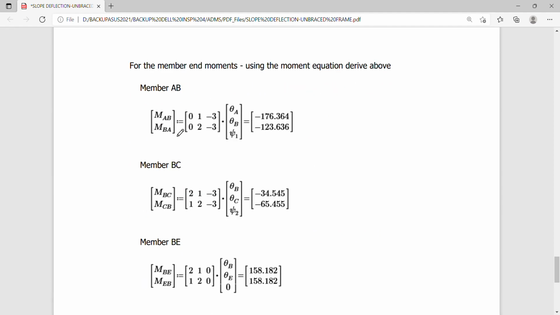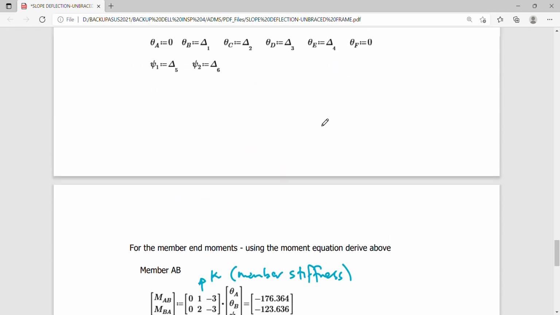So the member end moments give you now your member stiffness matrix, which is this one here. So where did I get this local stiffness matrix? This is the small letter k, the member stiffness matrix, which is actually coming from the moment equation.